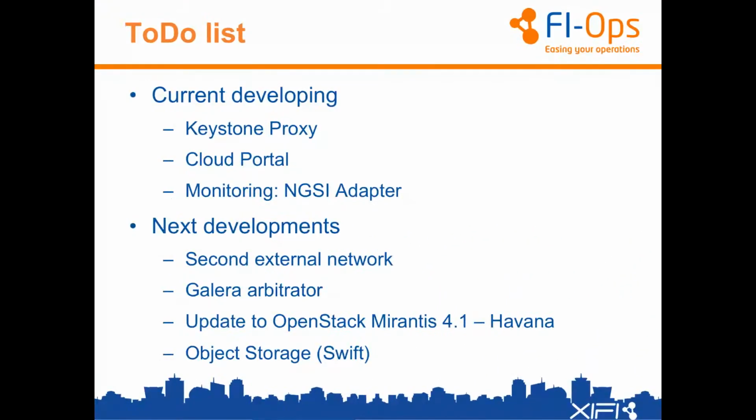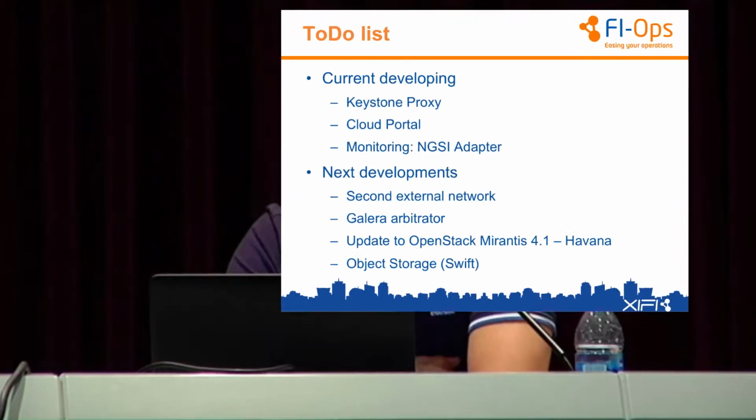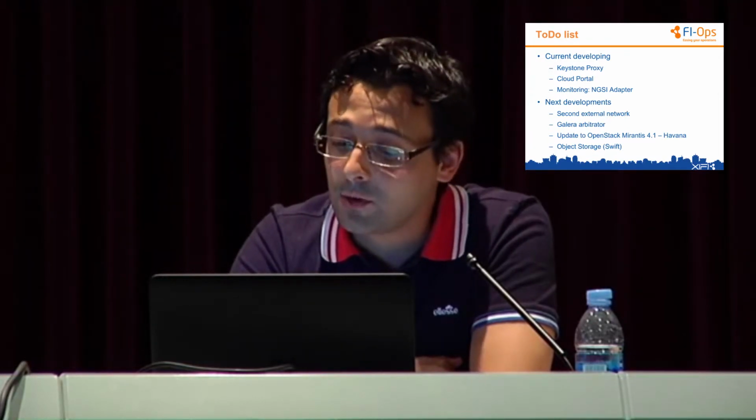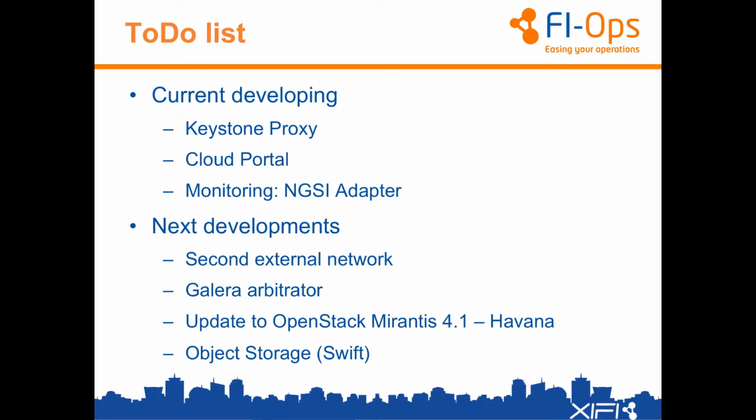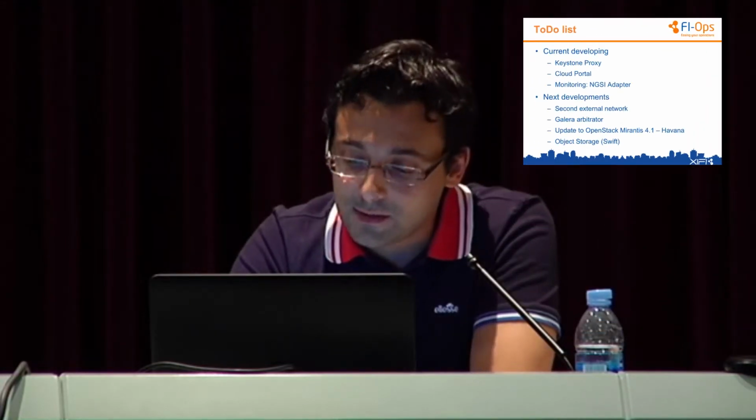At this moment, we are working on the integration of the Keystone proxy and the installation of the Cloud Portal, and the installation of the NGSI adapter. The next developments are to integrate the second external network, which we mentioned when we spoke about the multi-domain VPN, the Galera arbitrator, and an update to OpenStack Mirantis Havana.